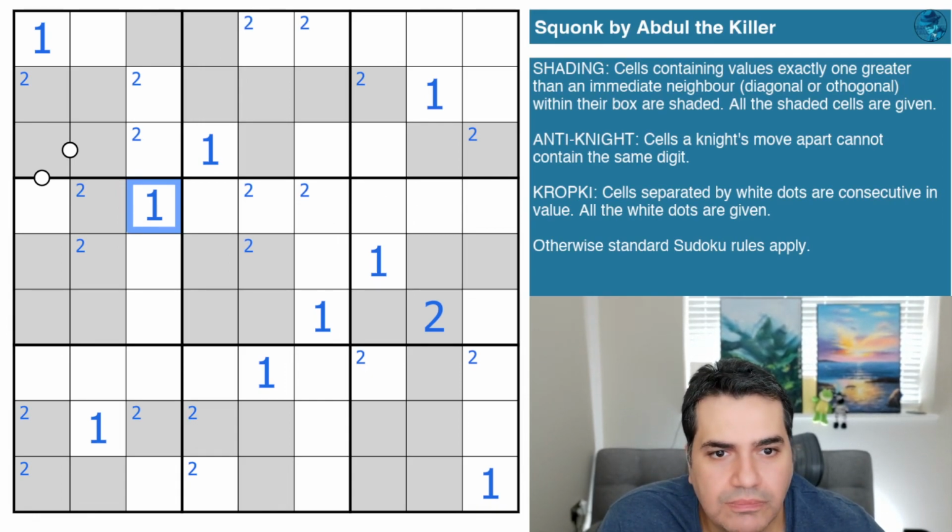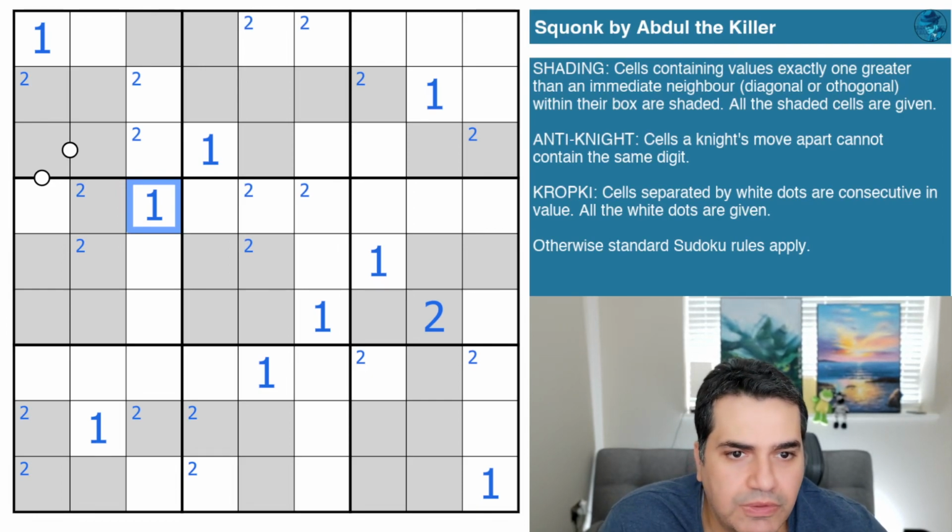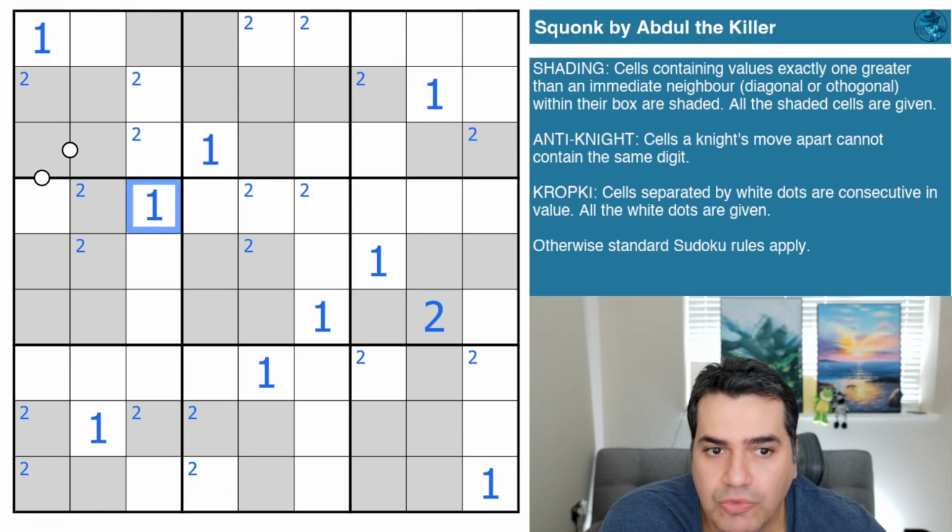Right, shading: cells containing values exactly 1 greater than an immediate neighbor, diagonal or orthogonal, within their box are shaded. That's what we've been working with all along. All the shaded cells are given. Cells a knight's move apart cannot contain the same digit. Yep, we've been using that extensively.